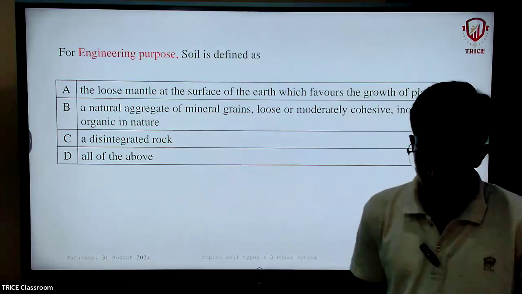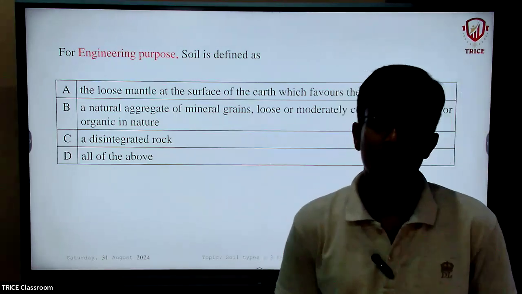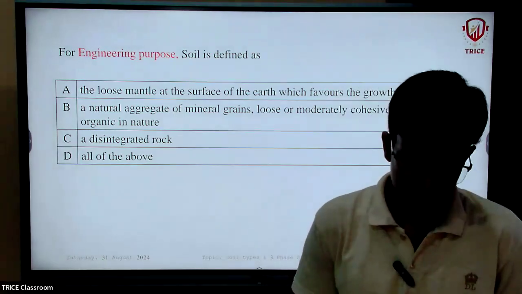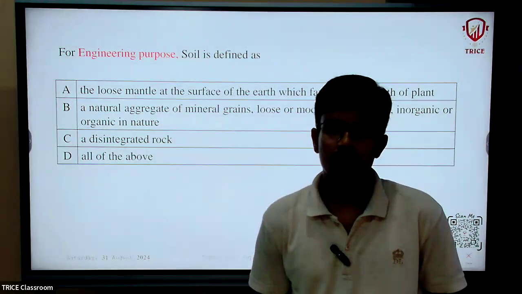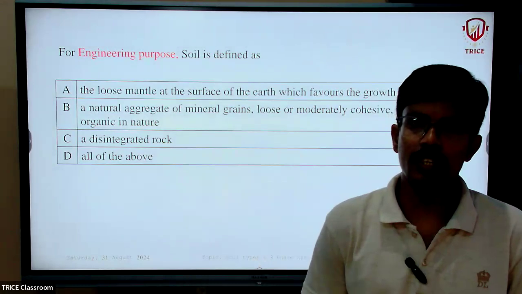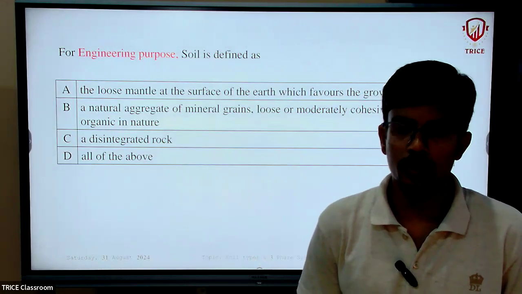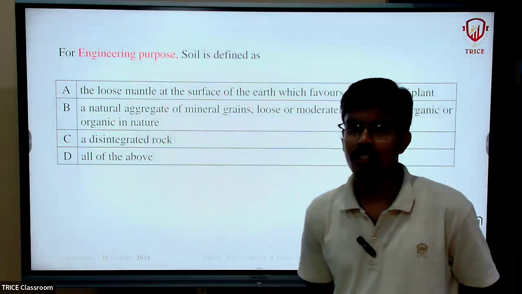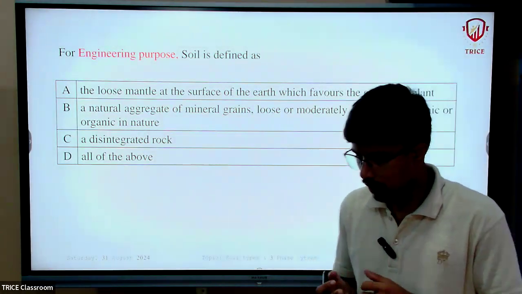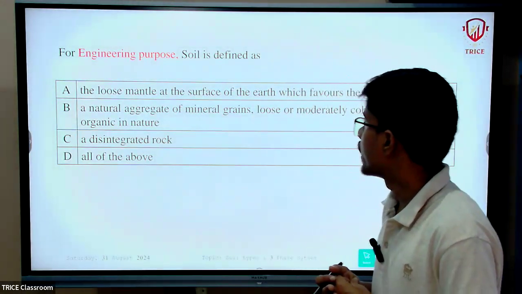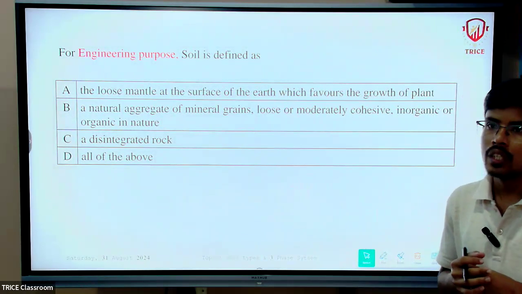Soil mechanics was first coined by the engineer Karl von Terzaghi, who is considered the father of soil mechanics. According to his statement, what do we call soil?